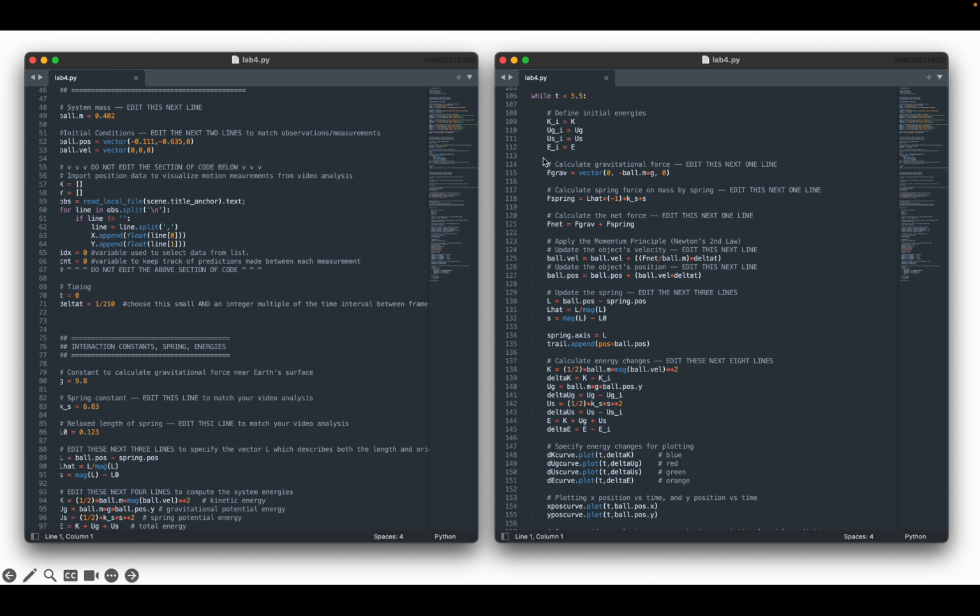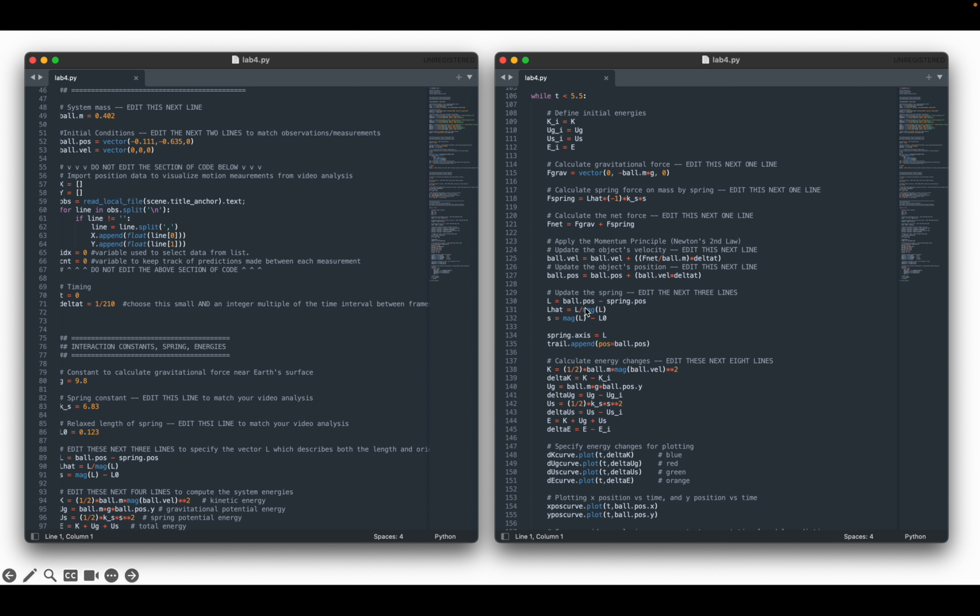And then in the while loop, we define the initial energies to be those values, and then the force of gravity is negative mg, the force of the spring is negative k s times L hat, and then F net is the force of gravity plus the force of the spring. And then we apply the update formulas.